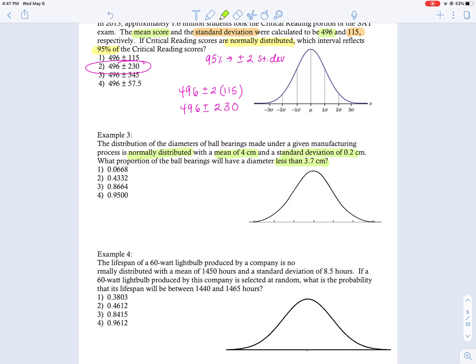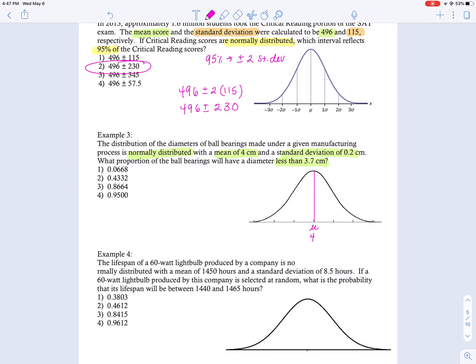I am going straight to the calculator. Here's what I know. Let's make that a nice straight line. Right here is my mean, and that's 4. And I know that my standard deviation is 0.2, so I could keep going up by 0.2 or down by 0.2.